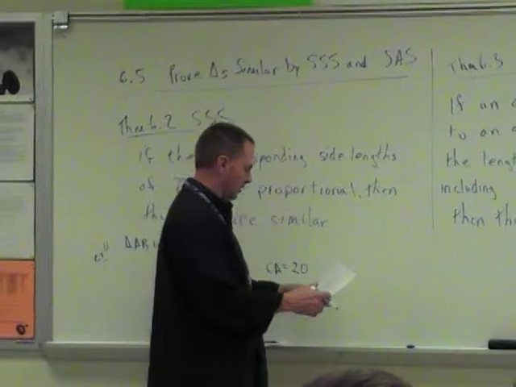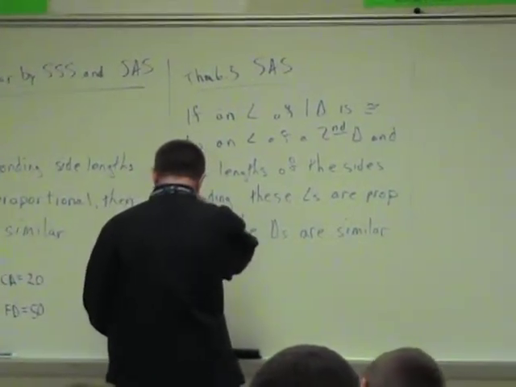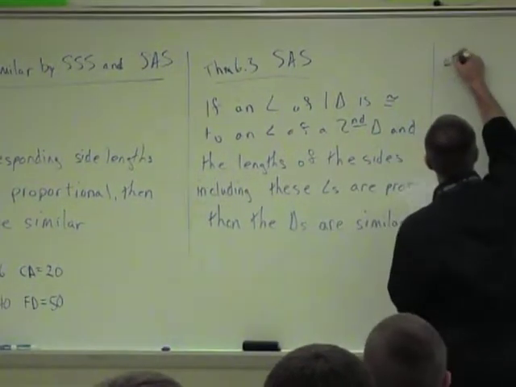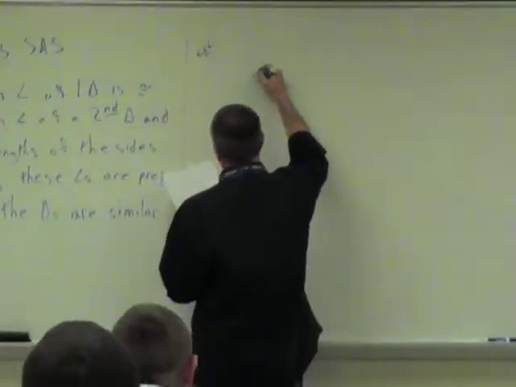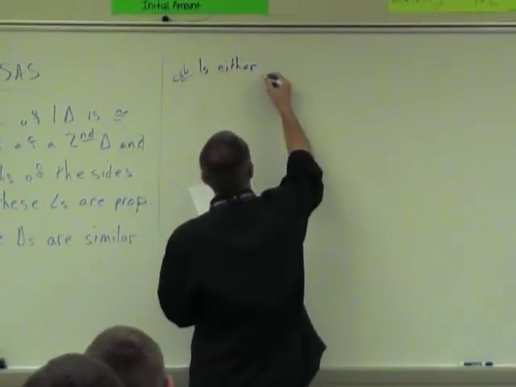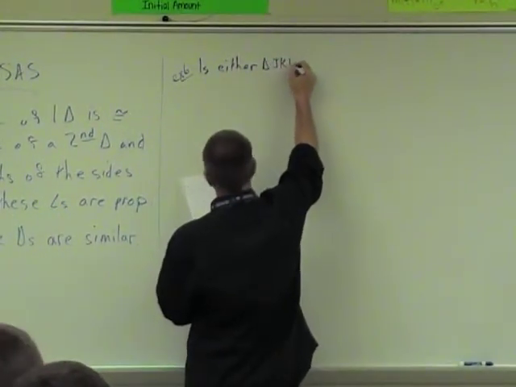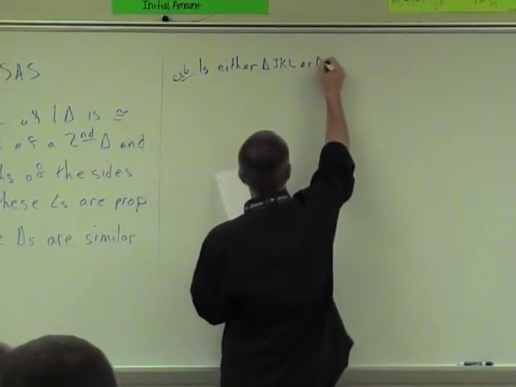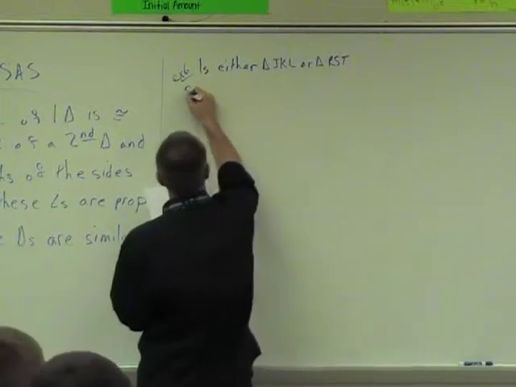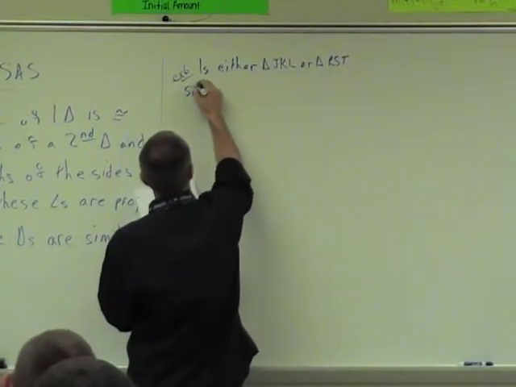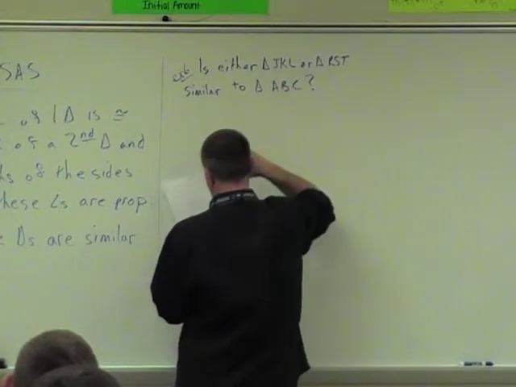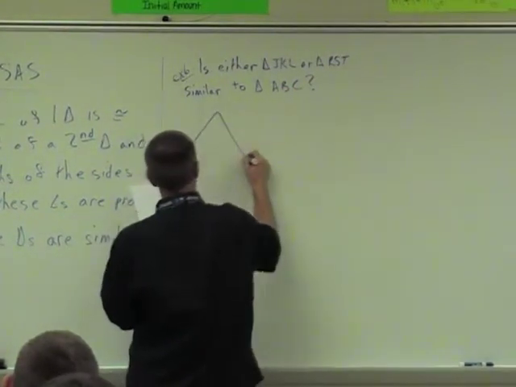Okay. All right, let's do one of these over here. Example 6. I need a little more room. I'm going to draw 3 triangles. Is either triangle JKL or triangle RST similar to triangle ABC? Here's ABC.